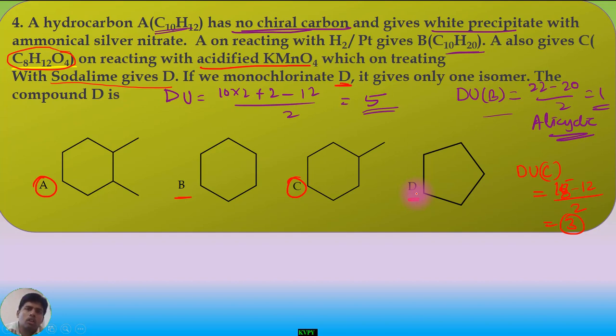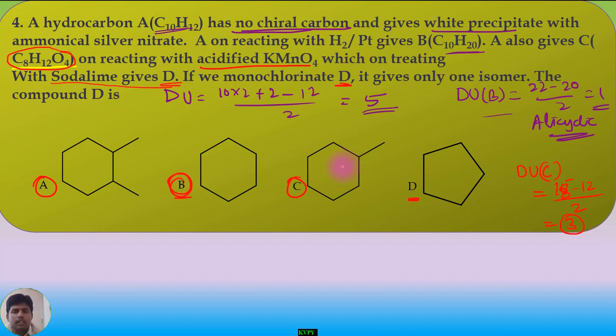Total 10 carbons should be there here, and here it's 8. It is a decarboxylation, so 2 carbons will be lost. So D must have 6 carbons. In that way we arrive at answer B.